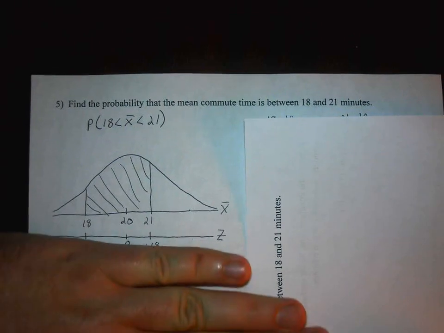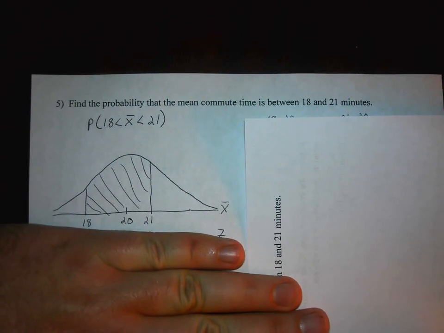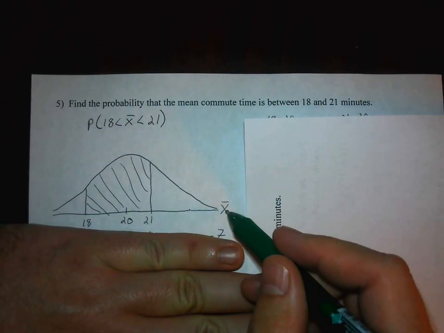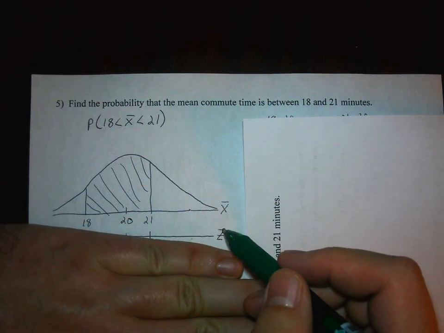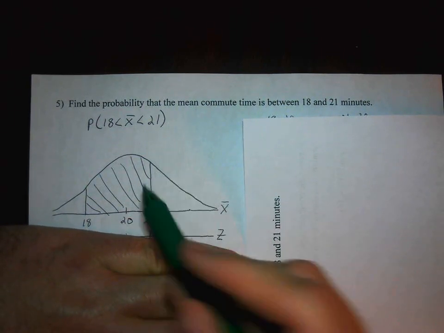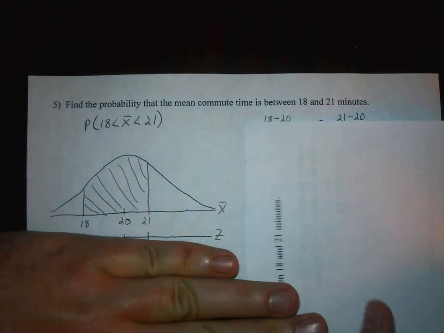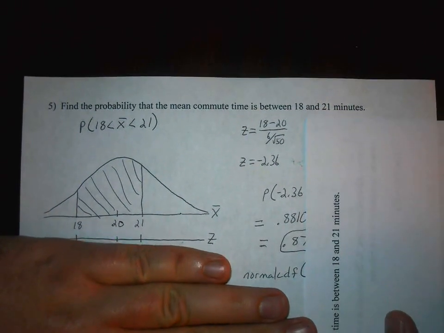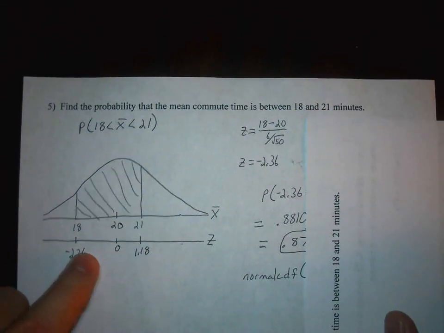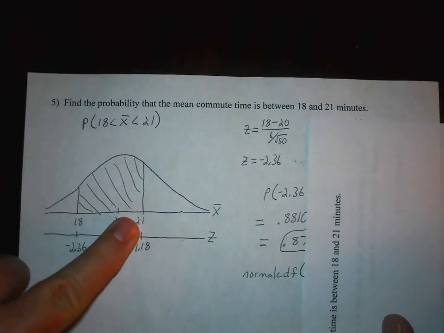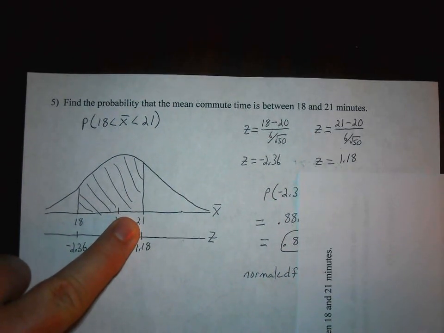I haven't found the z-values yet, but that's what it looks like on the x bar axis. Now we need to convert x bar into z. We already did 18 on the previous page and got negative 2.36. And then 21, if we convert that into a z-score, you get positive 1.18.